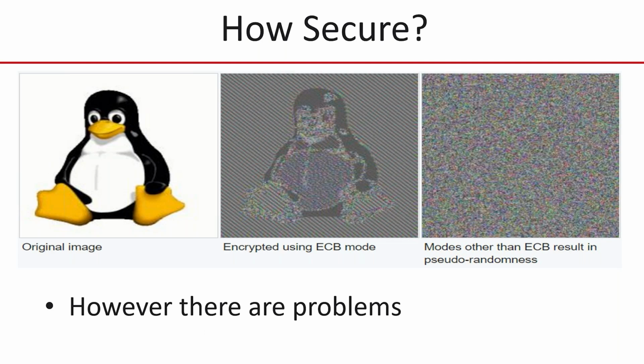Here we can see that we've got sections of white data and black data in our picture, and it's possible to determine a sort of idea of what the image is if we just use straight encryption. This is known as electronic codebook mode. What we need is to use a different or an additional method to get to fully pseudo-random looking data, as shown in the image on the far right.